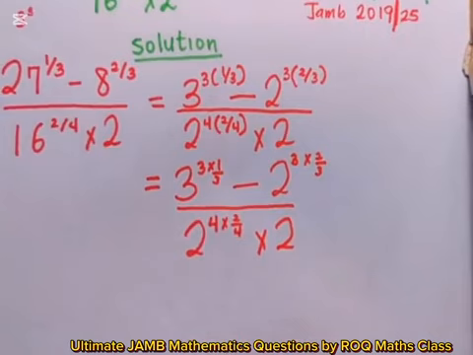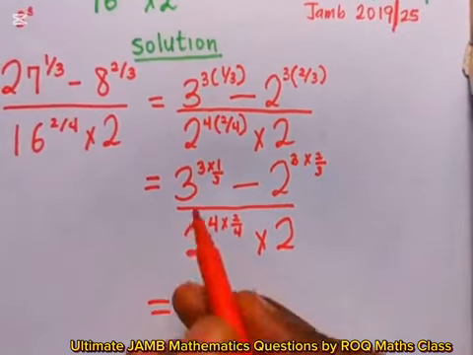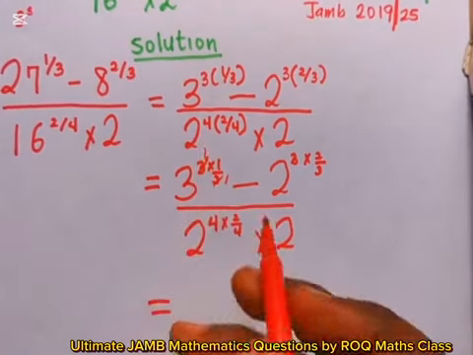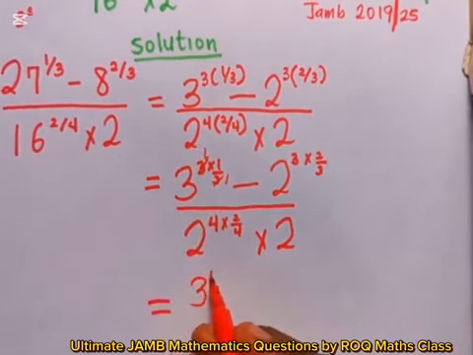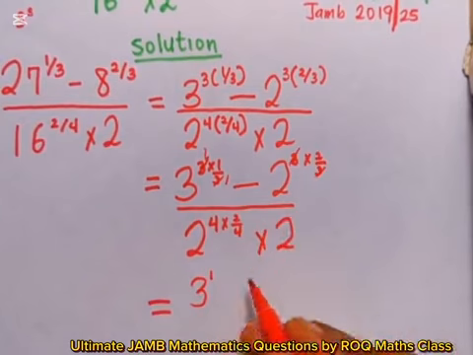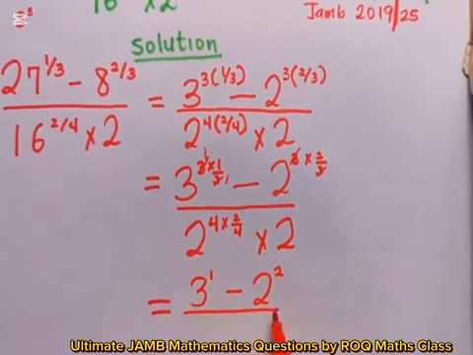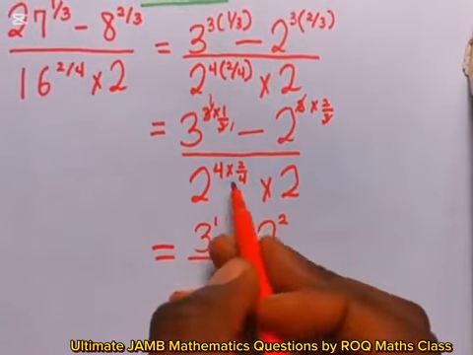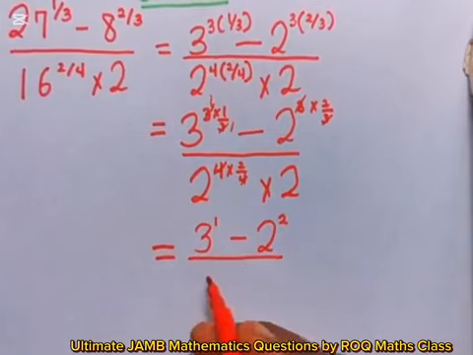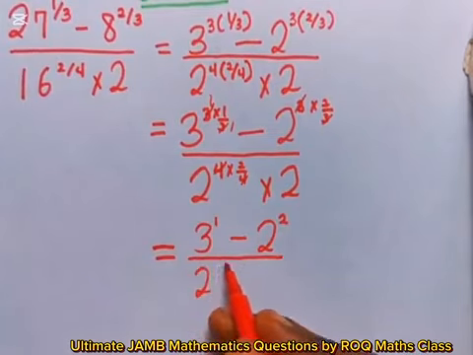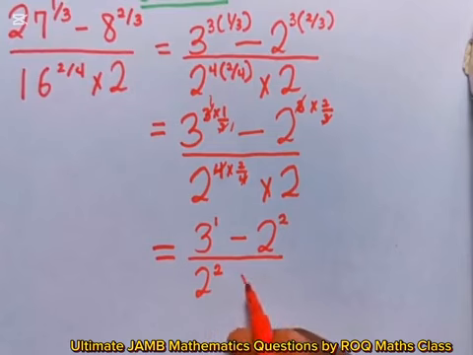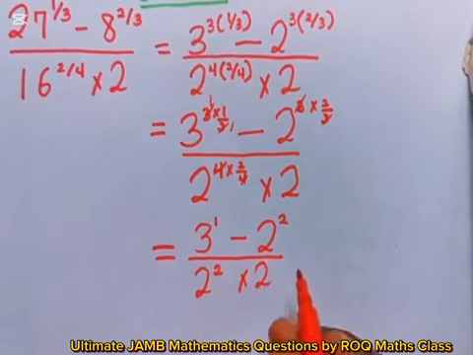And this is same thing as 3 to the power of 1, minus 2 to the power of 2 all over 2 to the power of 1 times 2, which is same thing as 2, times 2.